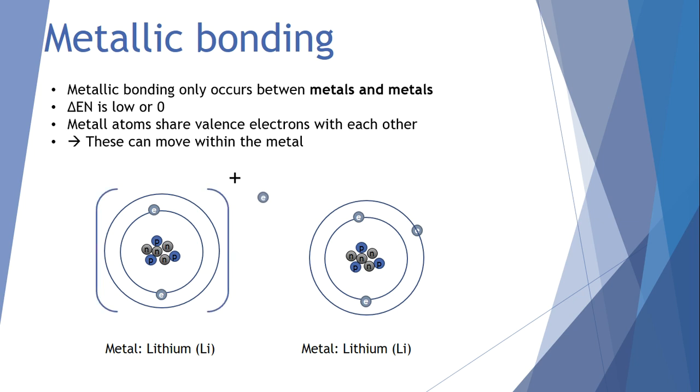So, remember that metals have a low value of electronegativity, therefore they do not attract their outermost electrons very hard, the valence electrons. And what happens in a metal when several metal atoms come together is that they're pretty much losing hold of their valence electron, like so, and form positive cations.